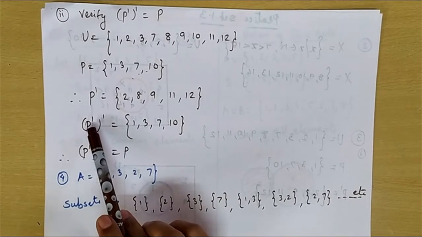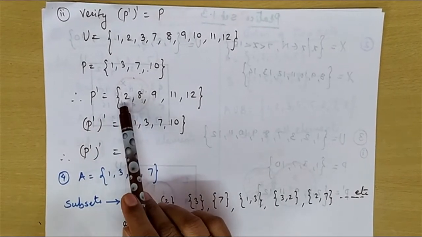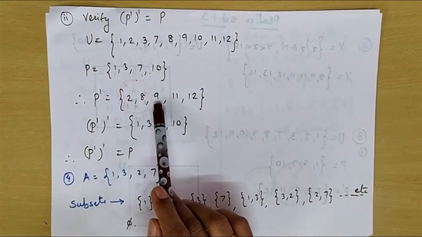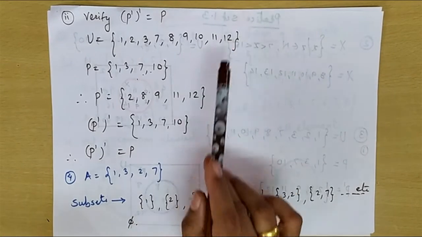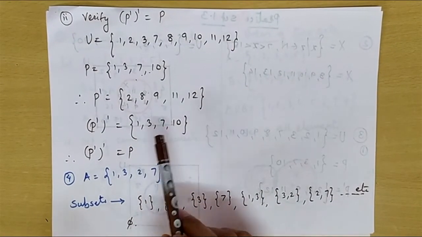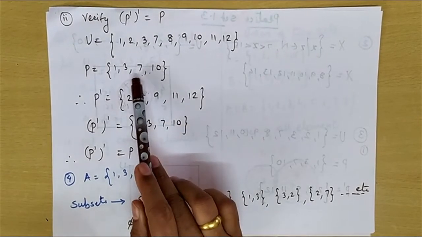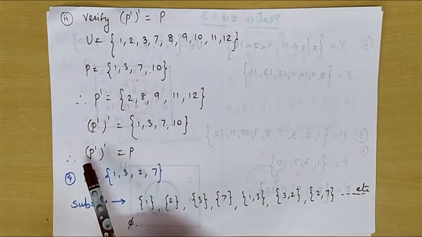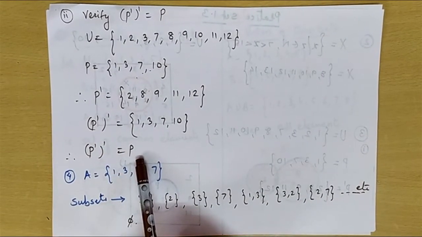Now we have to take the complement of P complement. So you will remove these 2, 8, 9, 11, 12 from the universal set. So what will be the remaining elements? It will be 1, 3, 7 and 10. But these 1, 3, 7 and 10 are nothing but the P set. So hence we can write the complement of P complement is the original set, that is P.